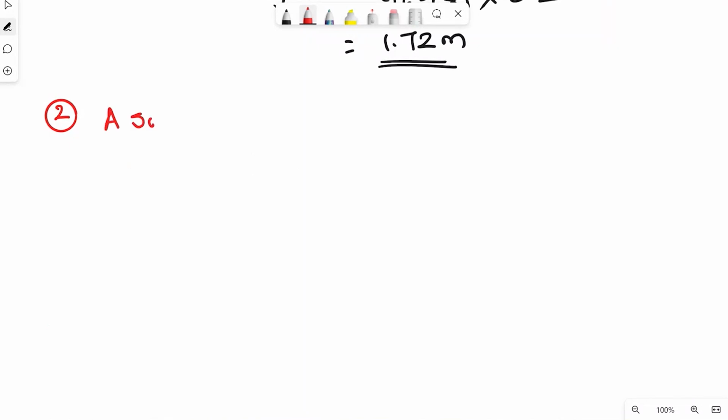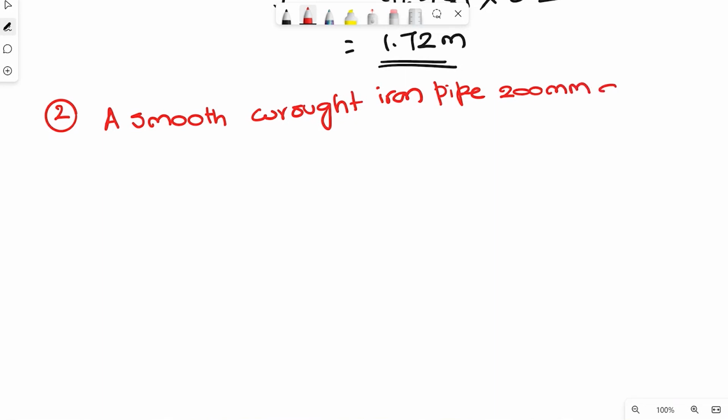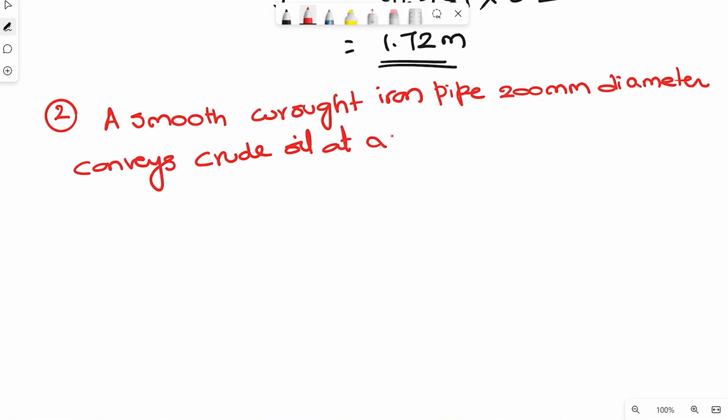A smooth wrought iron pipe, 200 mm diameter, conveys crude oil at a velocity of 3 meters per second.